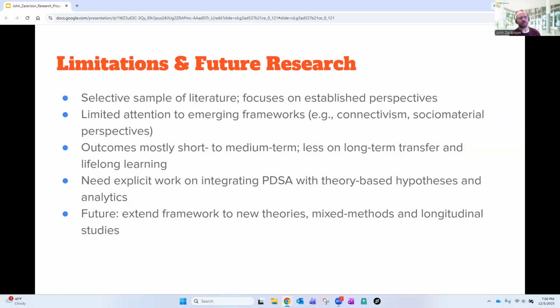So we know that future research could extend our theory process framework to additional perspectives and use mixed methods and longitudinal designs to better understand how learners experience and benefit from different process designs over time.